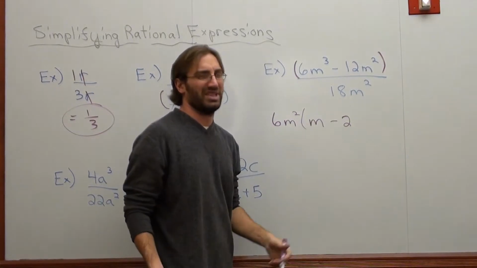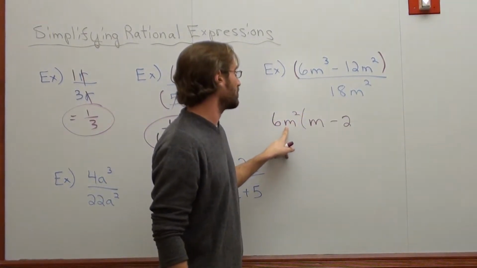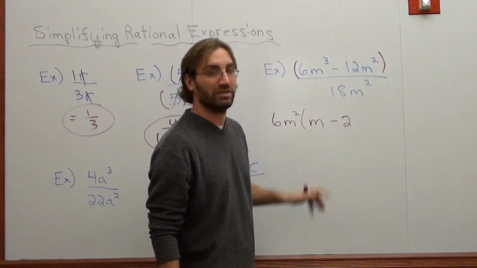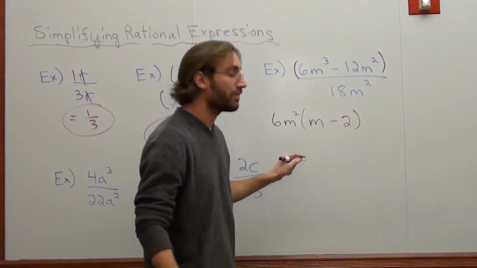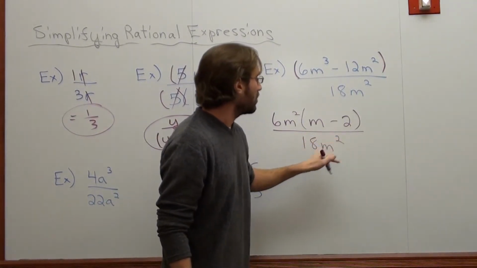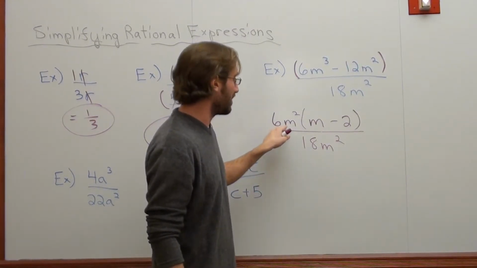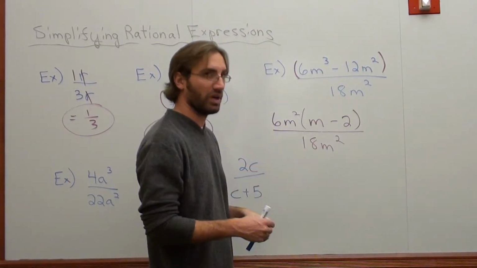Now somebody might say, well, is that true? 6m squared times m is 6m cubed. 6m squared times negative 2 is negative 12m squared. So that does work. And you divide it by 18m squared. You can't divide two terms by one term. It isn't going to work. But you can divide this one term by this one term right here.